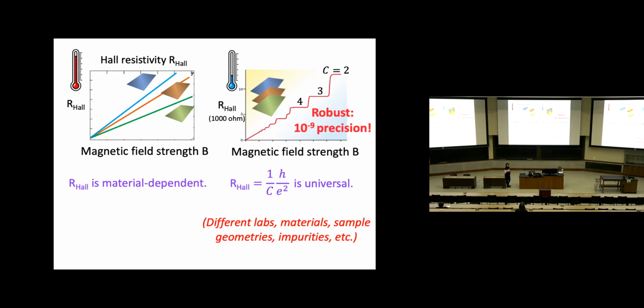Any shape will work. And if there is some dust in the lab that happens to drop at different locations on the sample, as long as there is not too much, that doesn't matter either. So these numbers are very robust. The precision is 1 part in a billion. That's how robust it is.